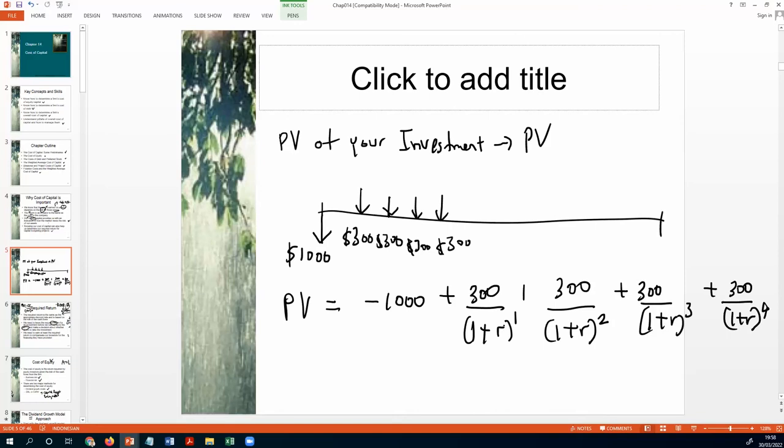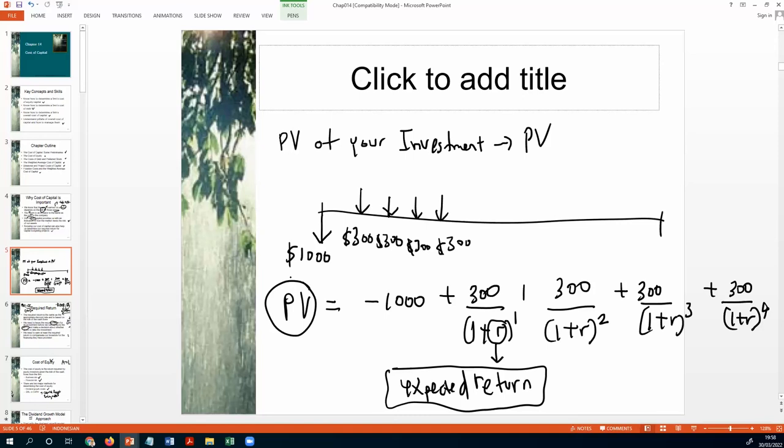R is the expected return. So in the cost of capital, we would like to calculate how much expected return we need to calculate the present value of a project.